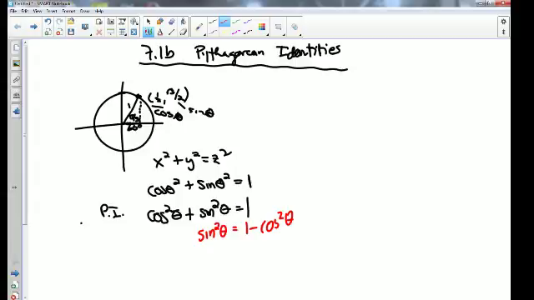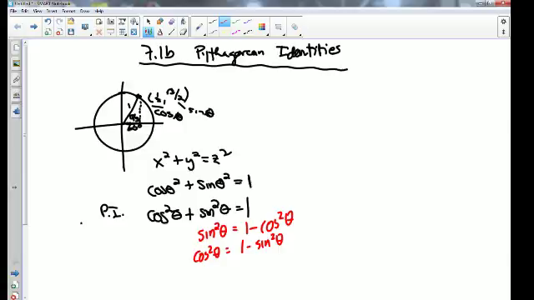Okay. So we'll use that, and we can also do cosine squared equals 1 minus sine squared. Right? Are you okay with that? Okay.